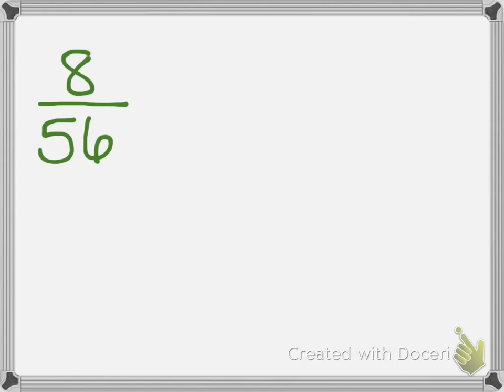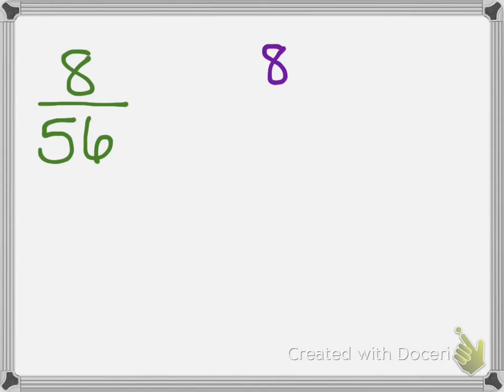Let's get to work. How do we do this? Well, if we look at 8/56, first we need to find a factor tree of each of these, in order to find out the greatest common factor, meaning the highest number that both of these numbers, 8 and 56, share as a factor. Feel free to write it to the side.